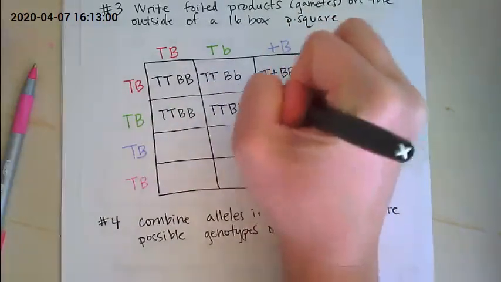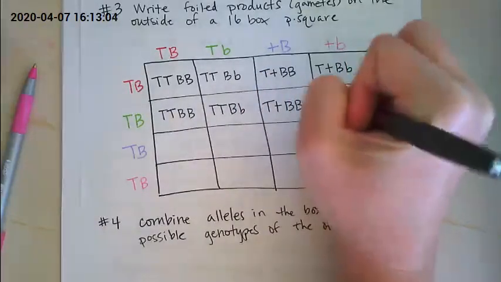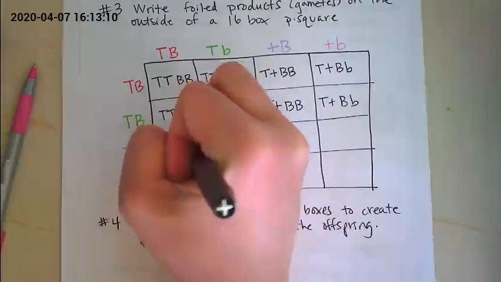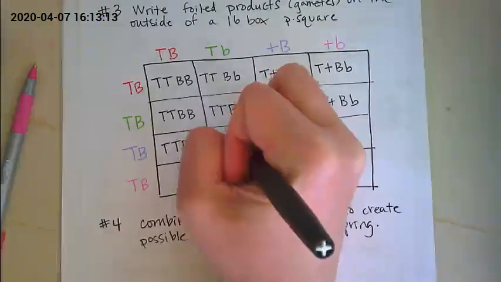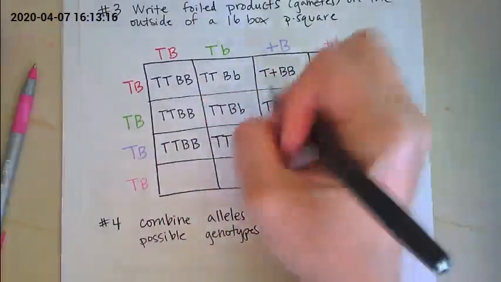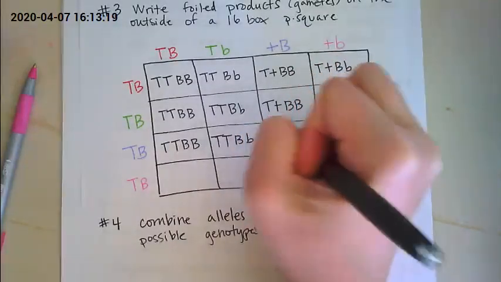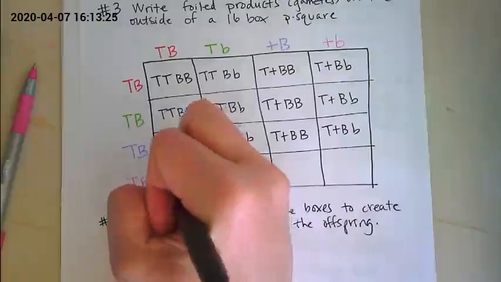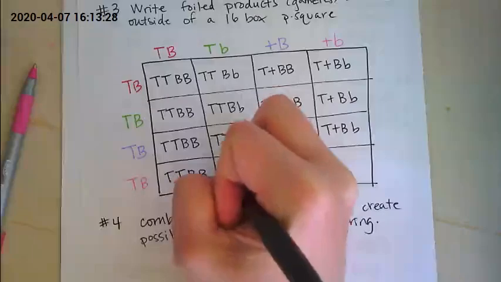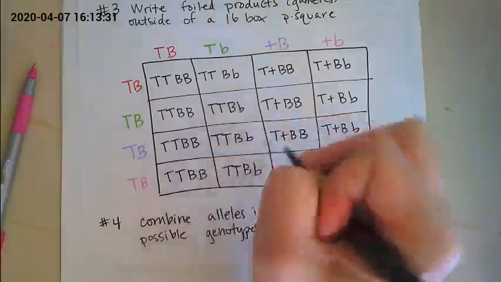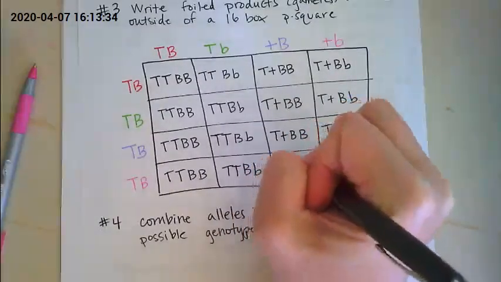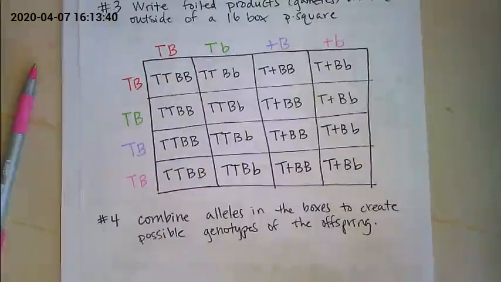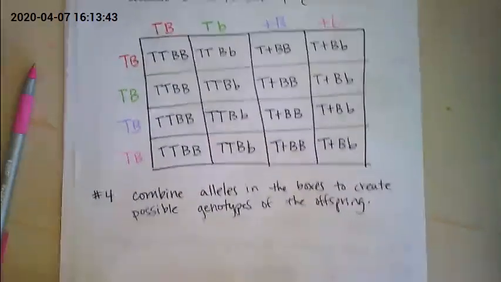Big T, big B, big B. Big T, big B, little b. Voila. All right, we got that.